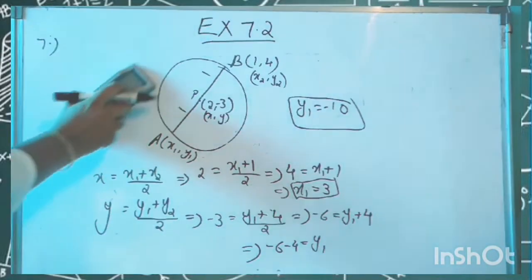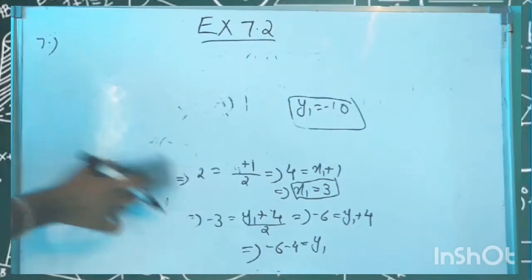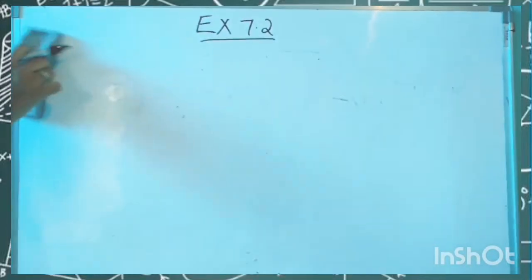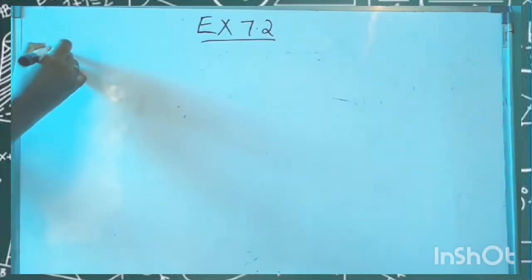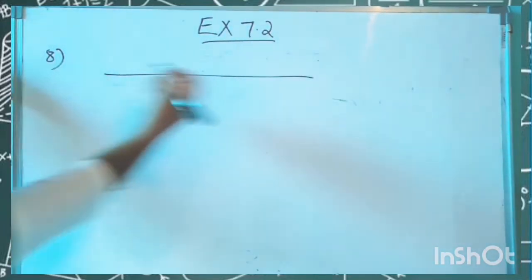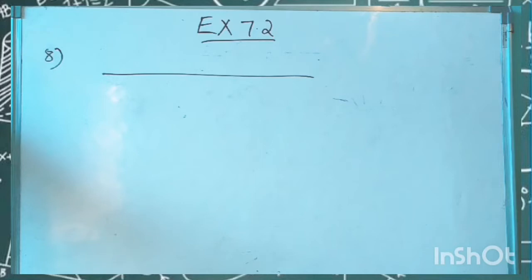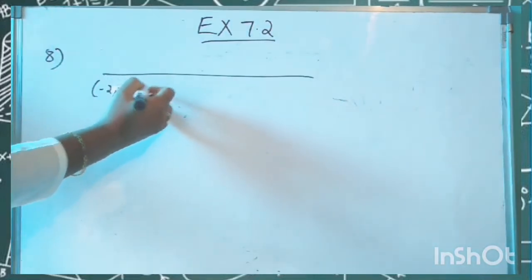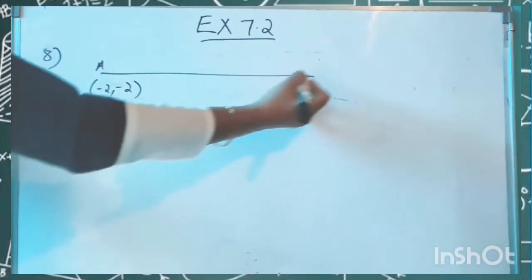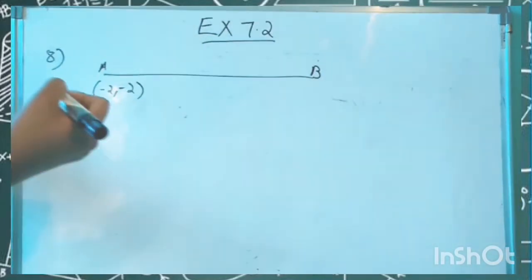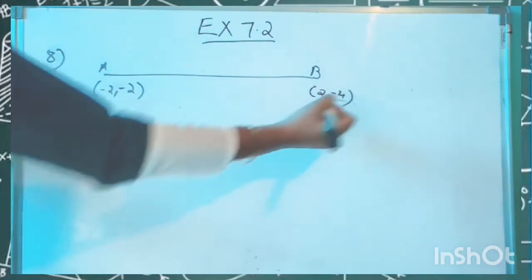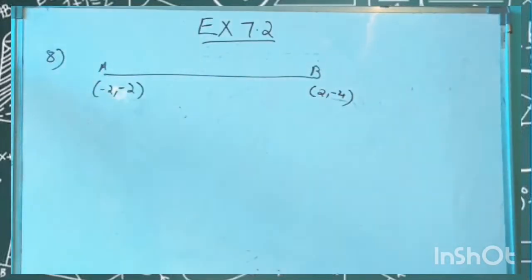Okay, so AB is given. The A coordinate is (-2, -2), this is our A, and B is (2, -4).